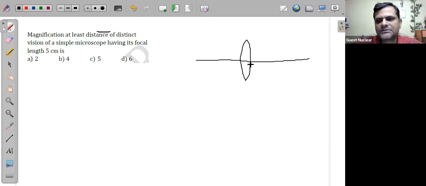Convex lens acts as a simple microscope when the object is placed within the focus. तो फोकस के अंदर अगर जब ये रखा जाए तो अब फोकल लेंथ कितना दिया हुआ है, 5 सेंटीमीटर दिया हुआ है, 5 सेंटीमीटर.